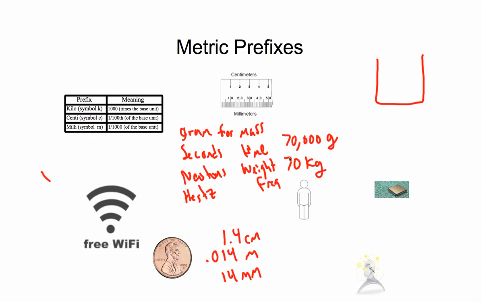So these prefixes can be applied to any of these base units. The base unit, again, gram for mass, seconds for time, newtons for weight, and hertz for frequency.